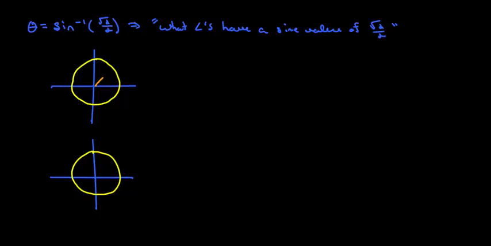So we know that at 45 degrees, which is pi over 4, we have a height value. This guy's length right here is square root of 2 over 2.